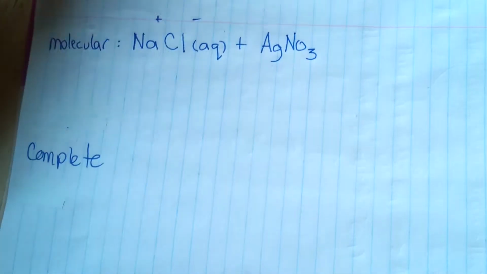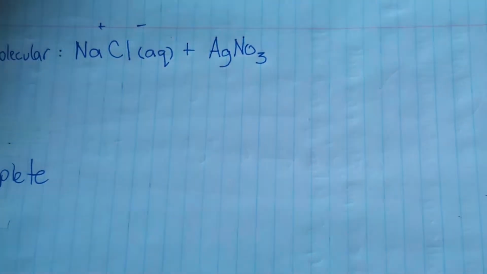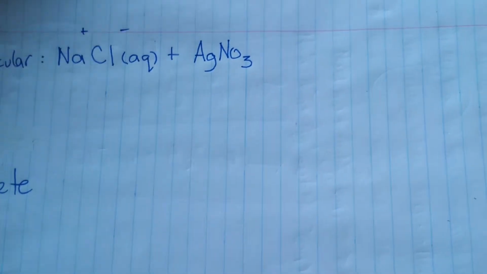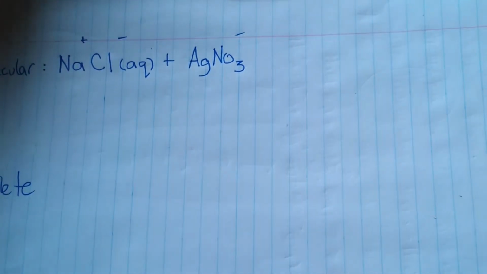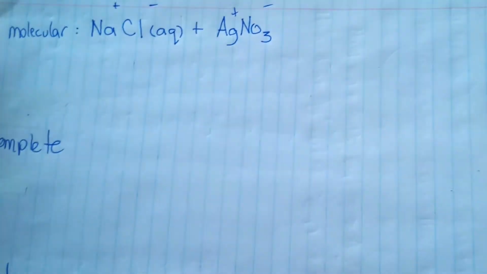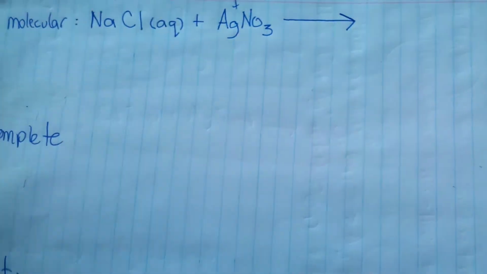Silver is Ag. Nitrate is NO3, and we know it's NO3 because it ate something, so it's bigger. That's a -1 and this is a +1, so there it is. And they go together, and this is how we were taught to do it in class.